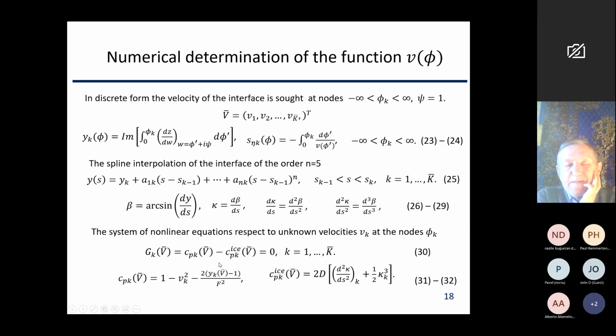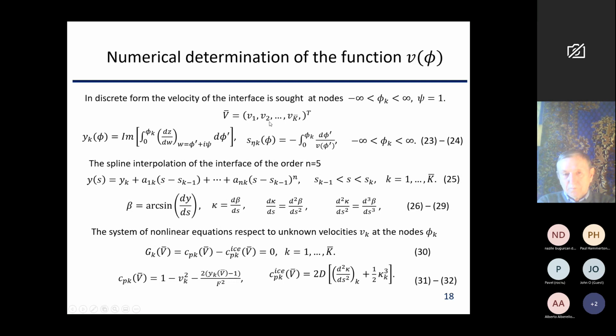The most difficult problem is to determine the velocity magnitude of the interface, because the pressure on the interface depends on the higher derivative of the interface, curvature, and higher derivatives of the curvature. Because of this difficulty, we satisfy the dynamic boundary condition using a numerical method.